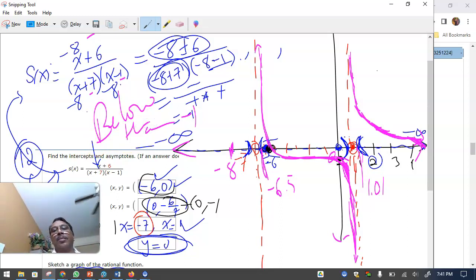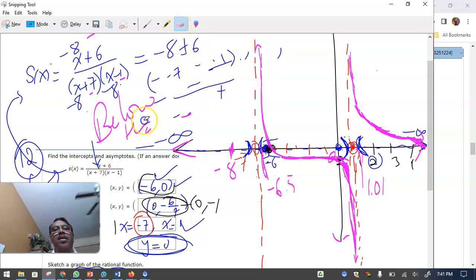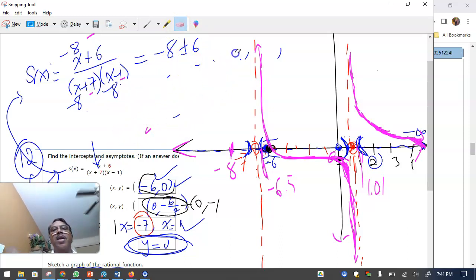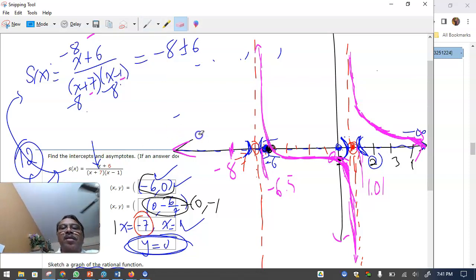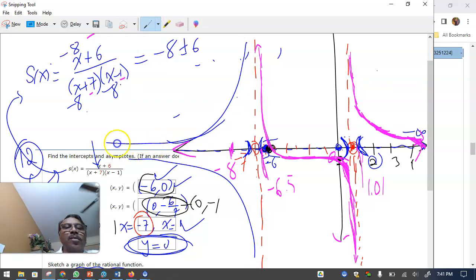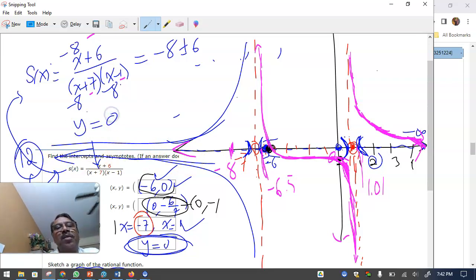So naturally, I can't have that. Let me wipe everything off now. So what it means is when you want to sketch the graph, we use the blue color. The question is, is the graph going to go this way or that way? One thing, it has to go to y equals 0. That means the output is almost becoming 0.